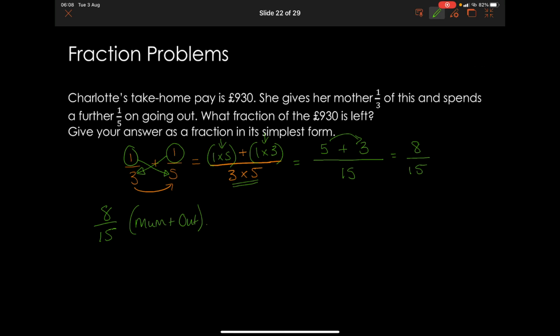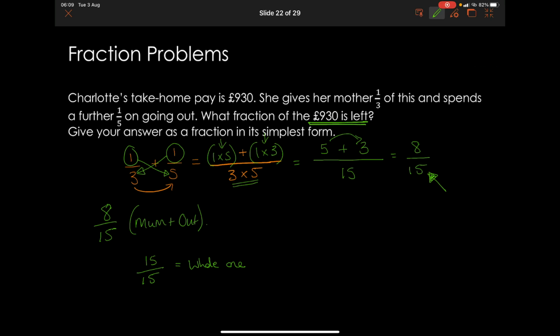Okay. The question says, what fraction of the money is left? Okay, because you've added them together and it tells you that 15 is on the bottom, I know that 15 out of 15 is the whole one. So if she spent 8 out of 15, all right, 15 take away 8 leaves you with 7.